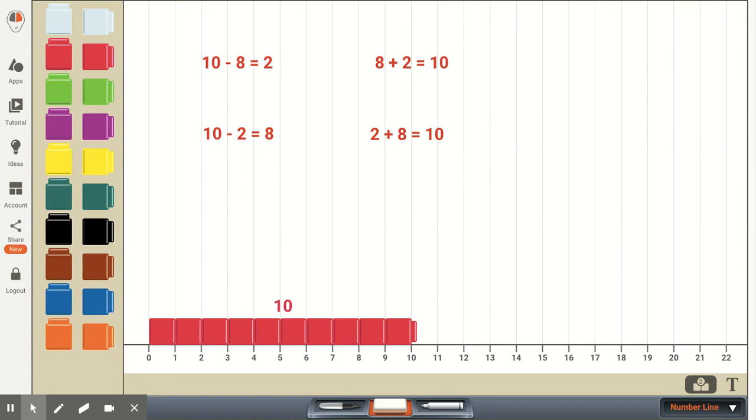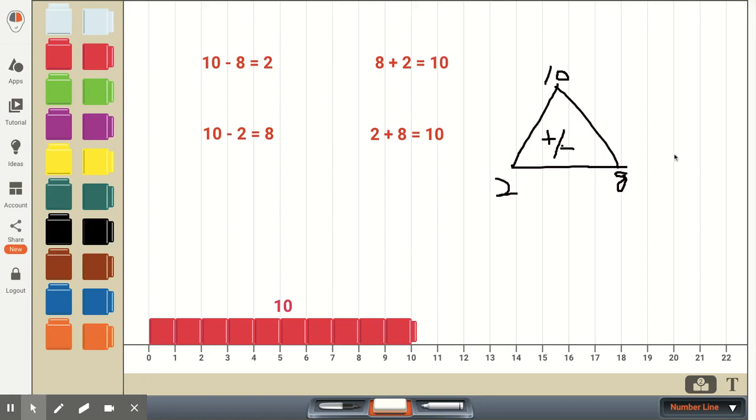If they're trying to do that, it just means they don't have that understanding yet. And what you might need to do is go back to using the manipulatives or drawings to show them more concretely the relationship between the addition and subtraction of the three numbers that you're creating the fact families for.